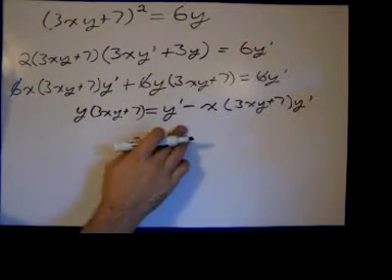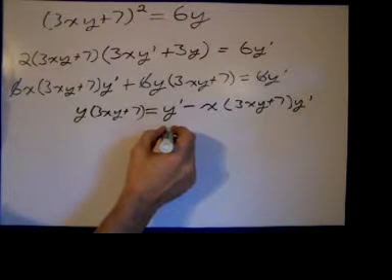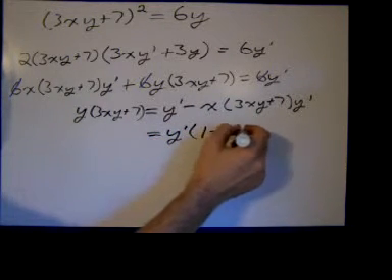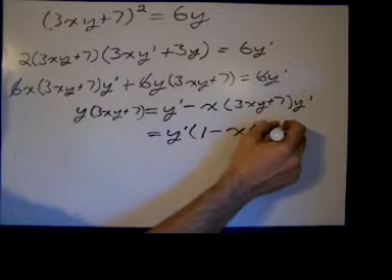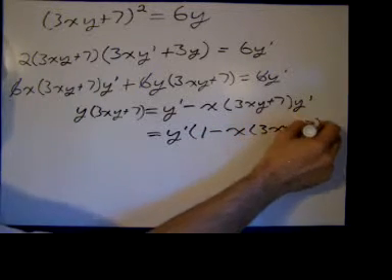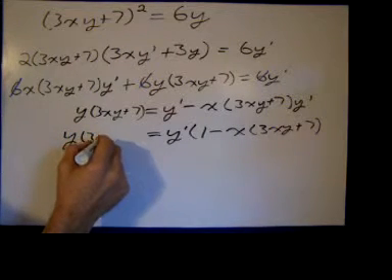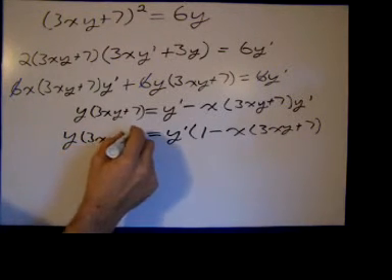Now I'm going to factor out a y prime from both these expressions, and that'll leave 1 minus x times 3xy plus 7 on that side. And I'll have still y times 3xy plus 7 on this side.